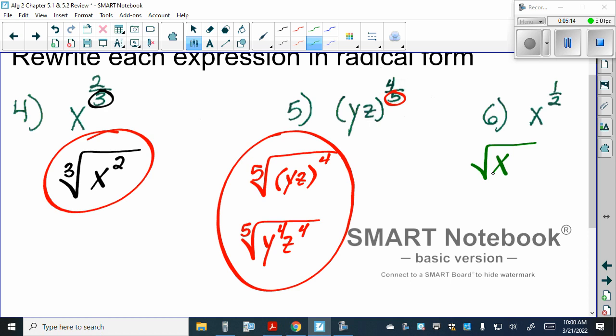With radicals, if there's not a number written, it's understood to be 2. And our exponent with x would be 1, which we don't need to write. So actually, x to the 1/2 is just the square root of x. Any questions on 1 through 6?